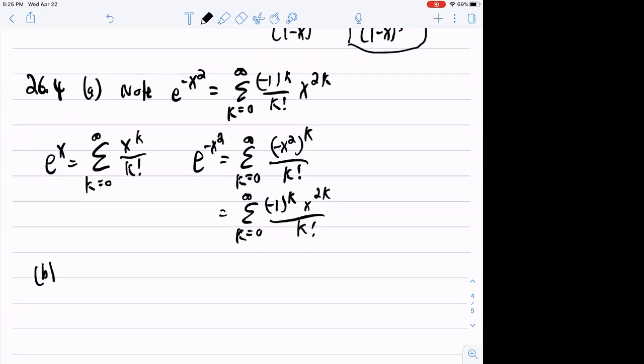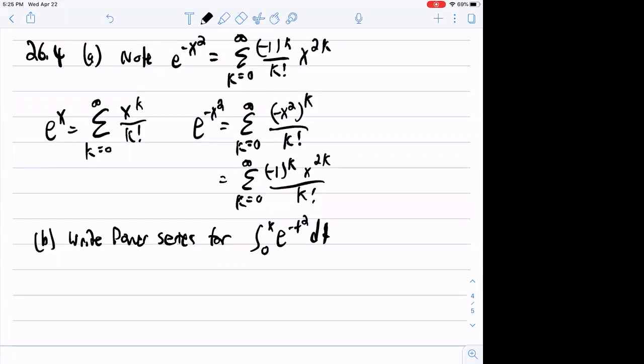So part B, I'll just write the question: power series for the integral from 0 to x of e to the negative t squared dt. Let me just warn you all, don't try to integrate e to the negative t squared dt from 0 to some number.